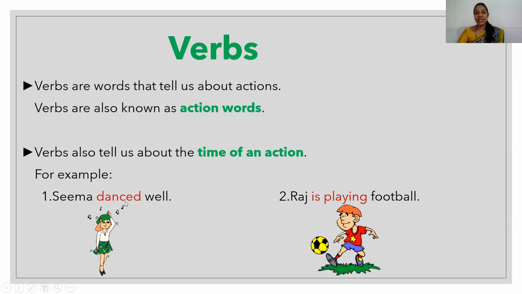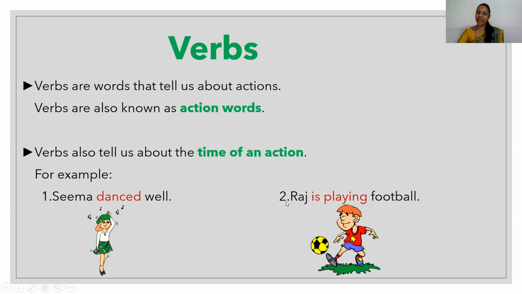Now, since ed is at the end of the verb dance, we understand that this action has happened in the past. So when verbs end with ed, they tell us that an action has been done or has happened in the past. Yes?